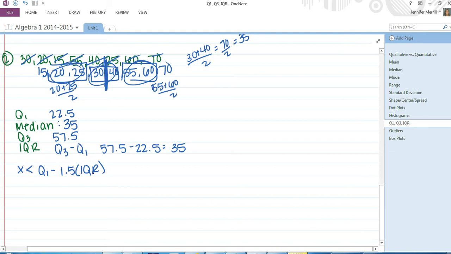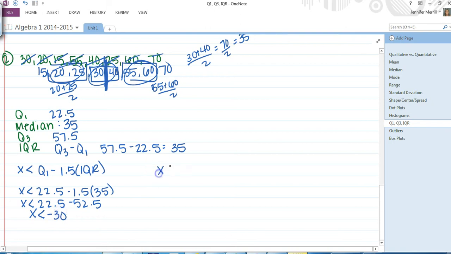So I have 22.5, any number less than 22.5 minus 1.5 times our IQR, which was 35. 1.5 times 35 is 52.5, so x is less than 22.5 minus 52.5. So x is less than negative 30. So we don't have any on the lower end.